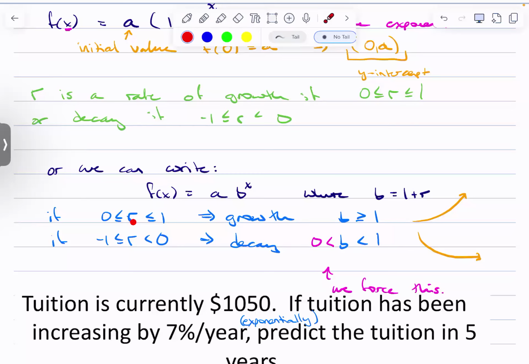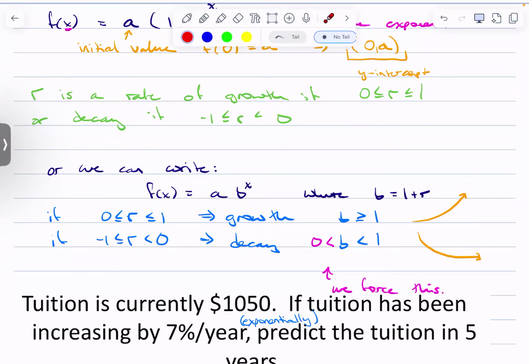So if r is between 0 and 1, then we have growth. And so if r is between 0 and 1, then 1 plus r must be greater than or equal to 1, which means that b must be greater than or equal to 1. So if you have a b that's bigger than 1, then you're going to have growth.